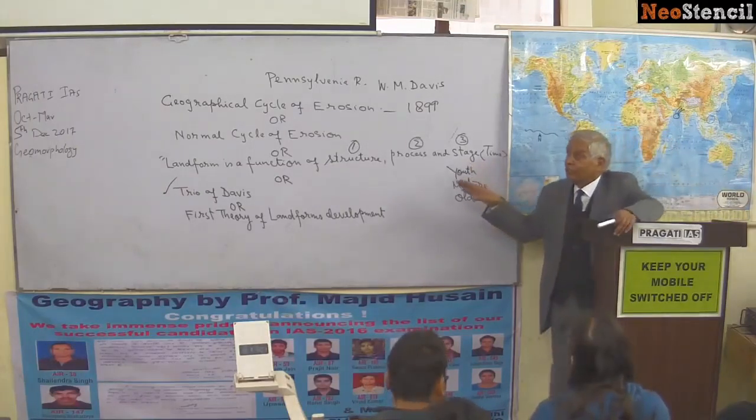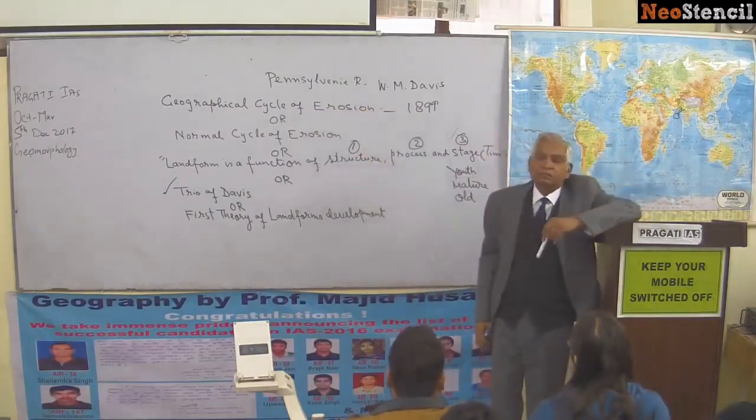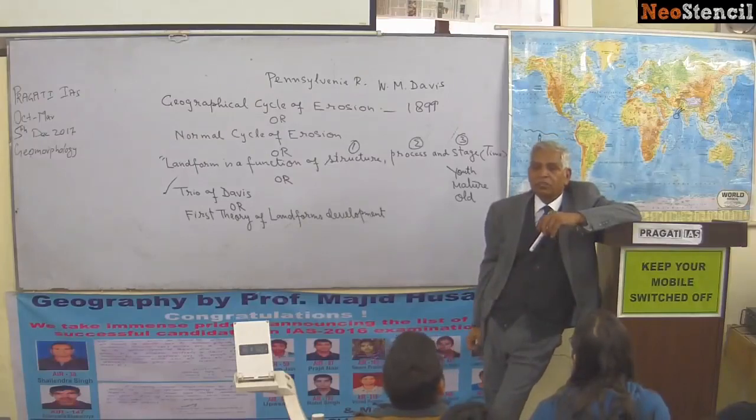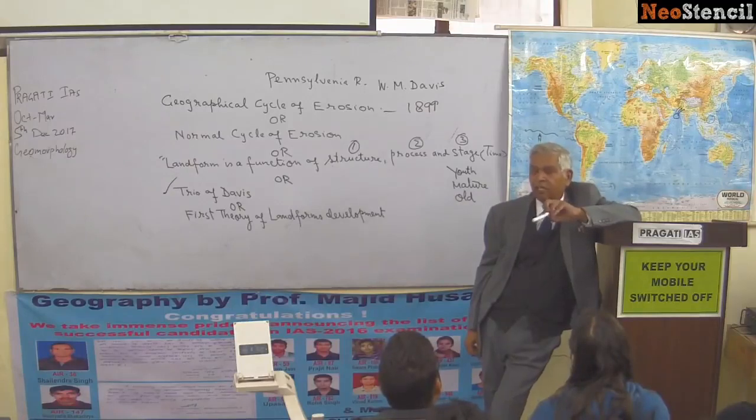So if the question is in this form, you have to introduce that this is the normal cycle of erosion advocated by William Morris Davis in 1899. For this study, his field work was done in the Pennsylvania River Basin. This is in the Appalachian Mountains.